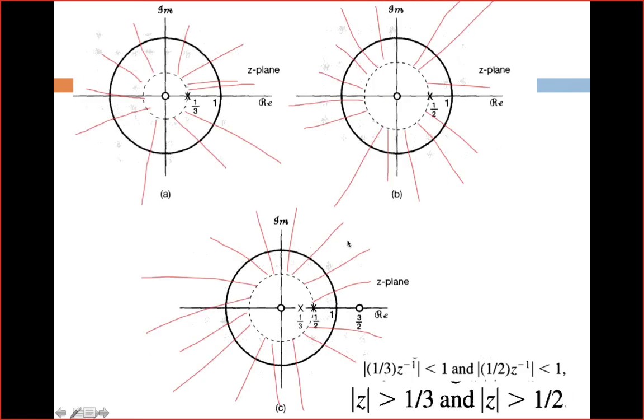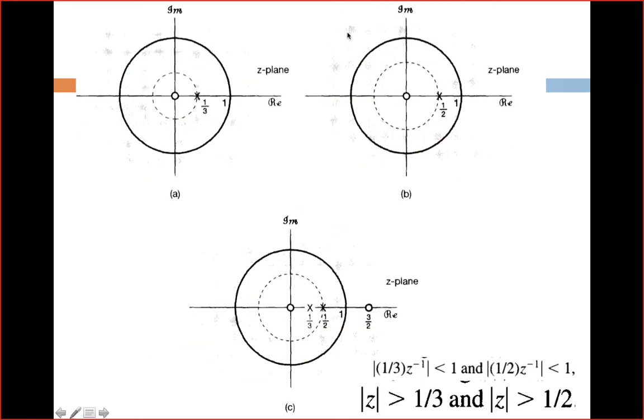We can directly identify the region. For the first term, u of n is multiplied, so this is the ROC. For z equal to 1/2, which is again a pole, this is the ROC of the second one.